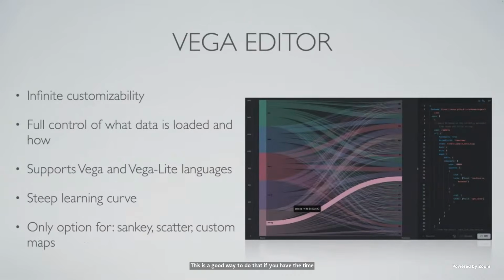And lastly, Vega. This is the really complicated one. You are programming everything about the visualization in Vega. It means you have infinite customizability. You have full control over what data is loaded, what operations are done on the data before it's shown. But it, of course, has a very steep learning curve, right? It's the only option for Sankey, scatter, custom maps, and a bunch more advanced visualizations, but it takes a while to learn, right?